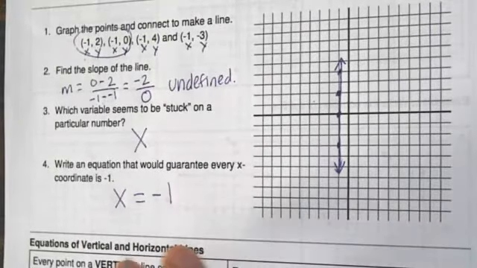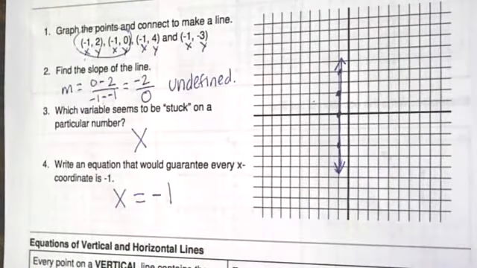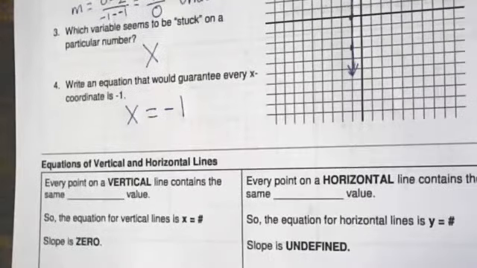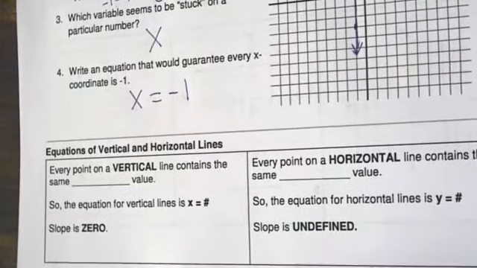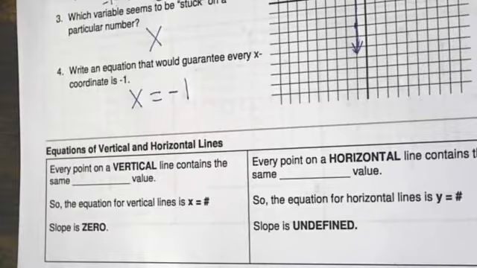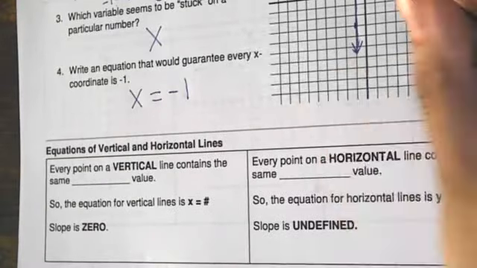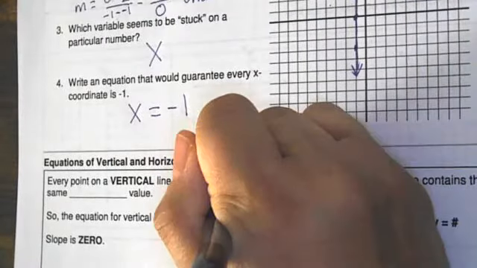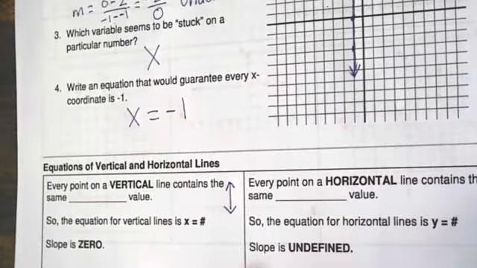This is always what it will look like when you have a vertical line, which we're about to summarize here on the bottom. Okay, so let's look at the bottom here and we'll see why it is that vertical lines and horizontal lines look like this. And so looking at the first, we're going to start with vertical, which is the one we just did right here. Vertical means up and down like this, straight up and down, right?